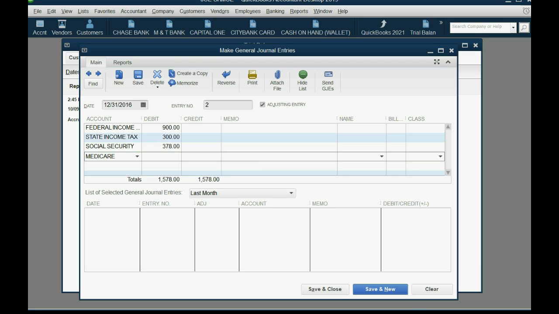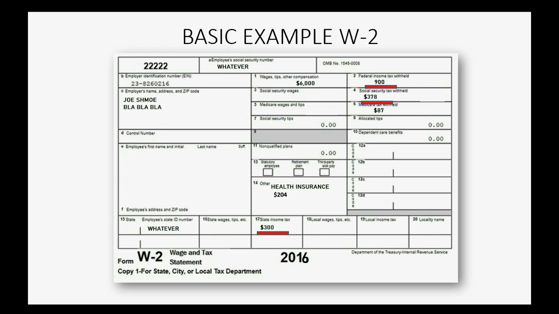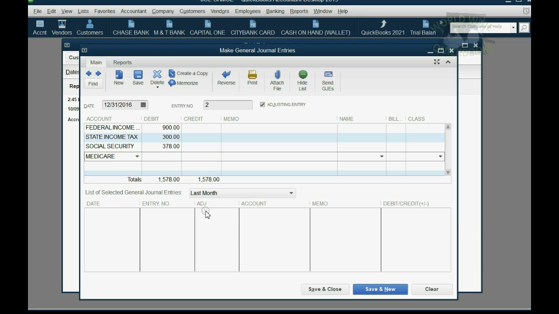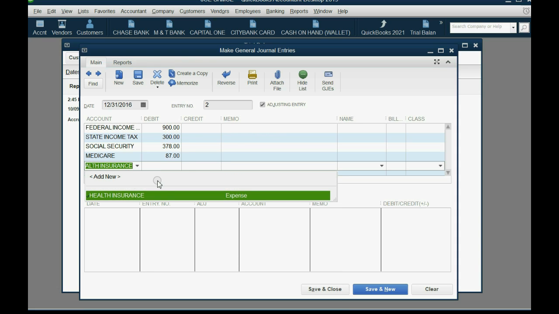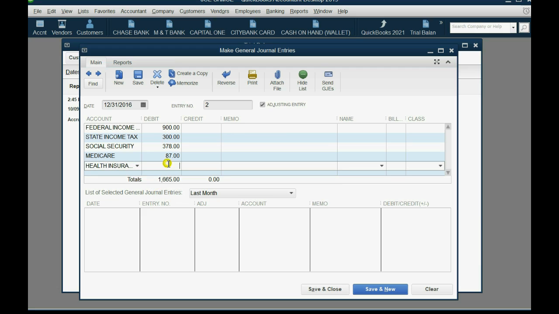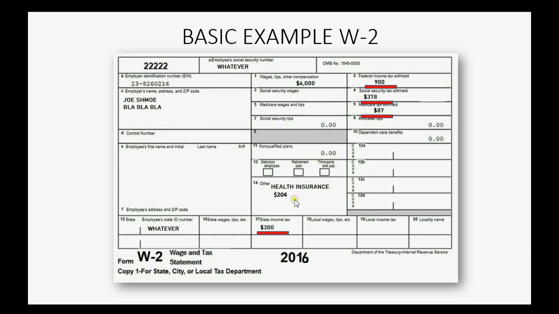Don't let it distract you. Remove the wrong number. Medicare withheld was $87. So we put the Medicare as 87. Now, the health insurance deduction. We had health insurance withheld. So anything withheld should be listed on your W-2 in the total amount that was withheld for the year, $204.